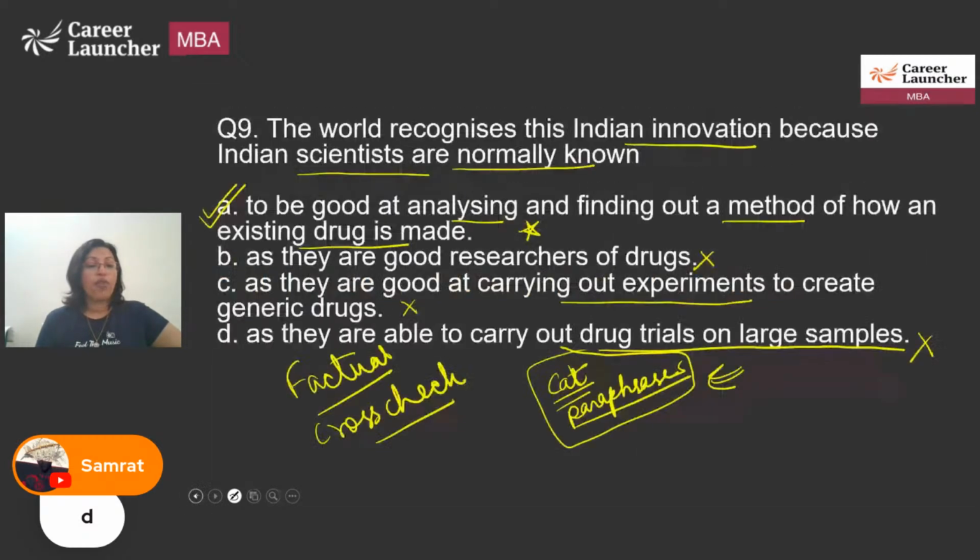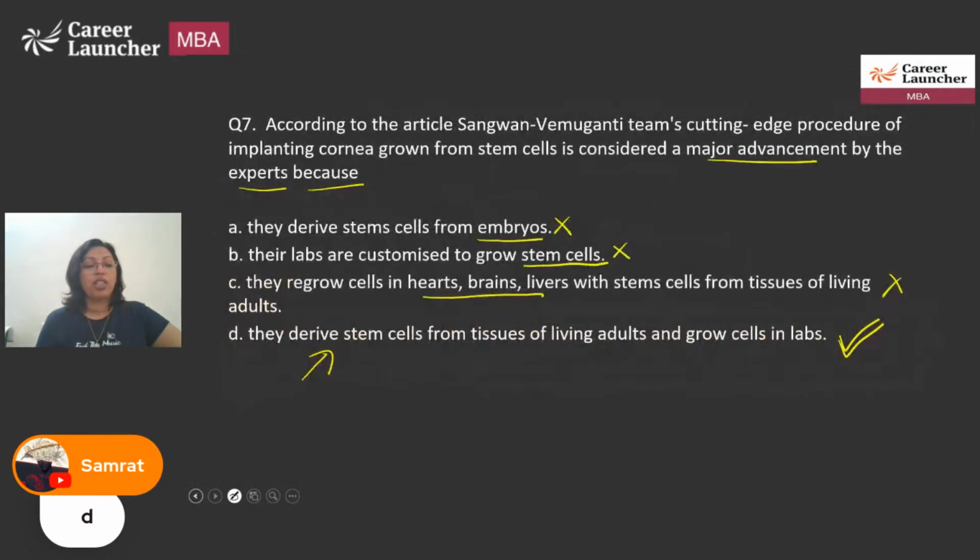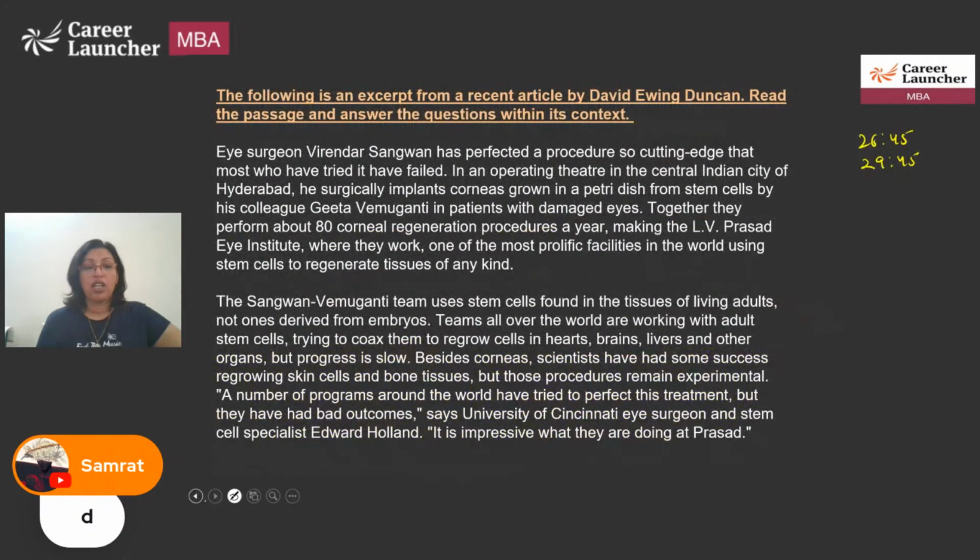All right, also when you're reading a passage, what are the things that you need to keep in mind? So I'll just very quickly take you through that. The first line of any passage is very important. It tells you what is happening there. So that's very important. So every paragraph, when you read, the first line is very, very important.